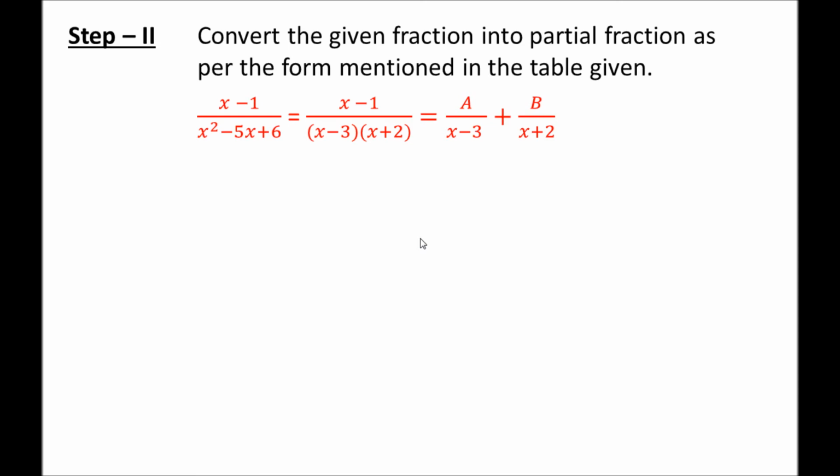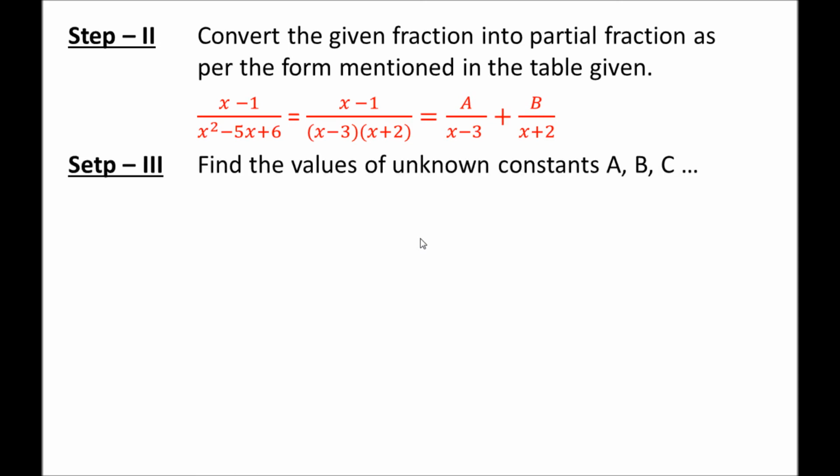So, after converting a given fraction into a partial fraction, we will have a few unknown constants, a, b, and maybe we may have c, d also. Now, our next step will be to find the values of those unknown constants. How do we find the values of these unknown constants?